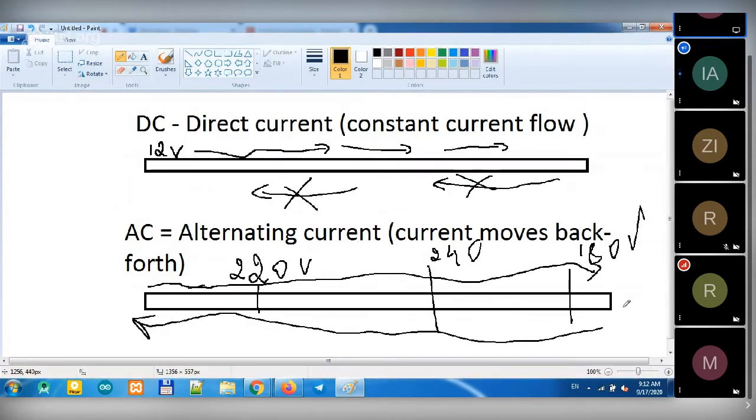It's not steady. But the usefulness of alternating current is if you want to deliver electricity over a long distance, you use AC because it will lose a very small percentage of electricity on the way. In DC, it will lose a lot of power.